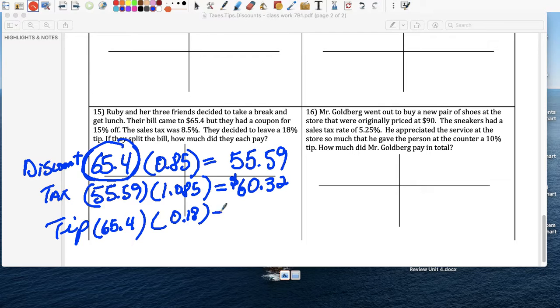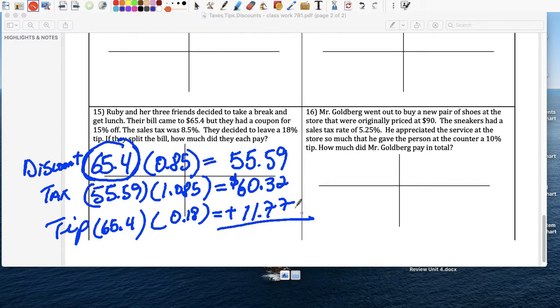It's not fair for the waiter that we tip him on the discount price. So we're going to tip him on what he served us originally, which was 65.4. So 65.4 times 0.18, our tip is going to be $11.77.